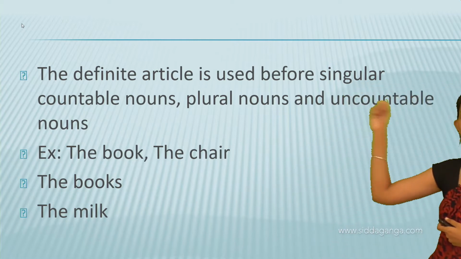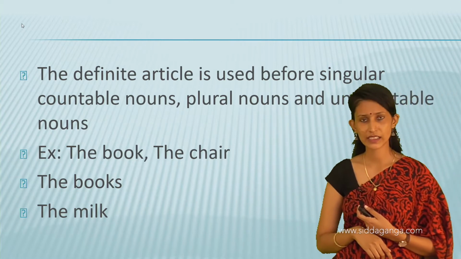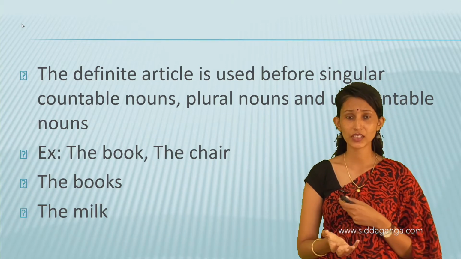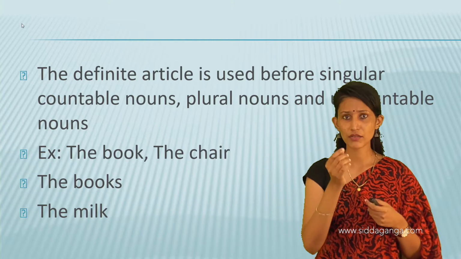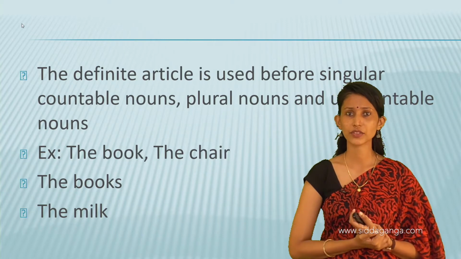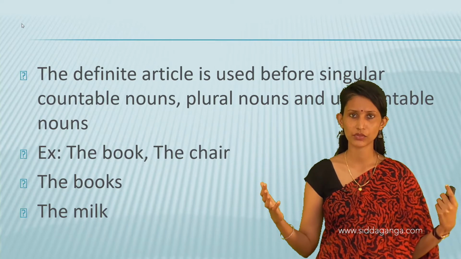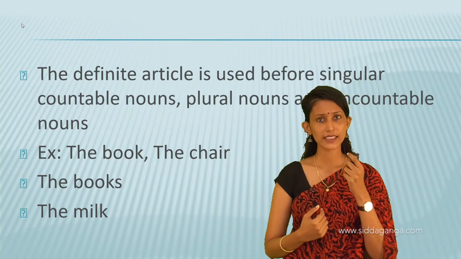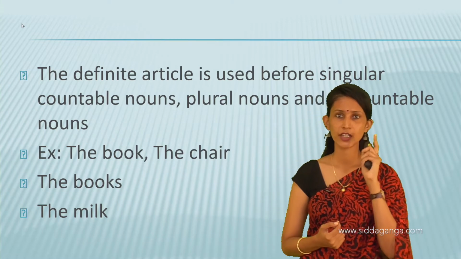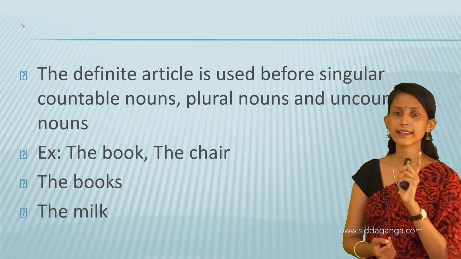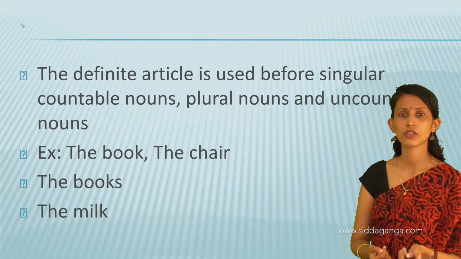And uncountable nouns, the milk, the sugar. Can you count how much? You can measure it, you cannot count properly. Can you count one tiny little grain of sugar? No. There are uncountable nouns, alright? That is the definite article. It's used before singular countable nouns, plural nouns and uncountable nouns.